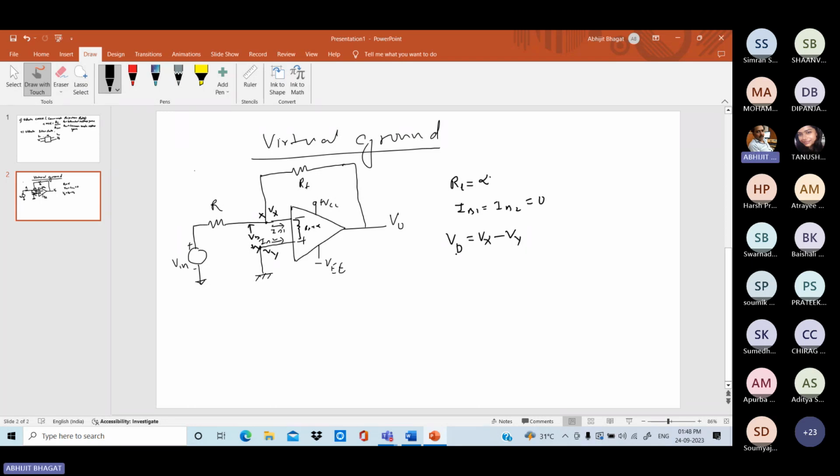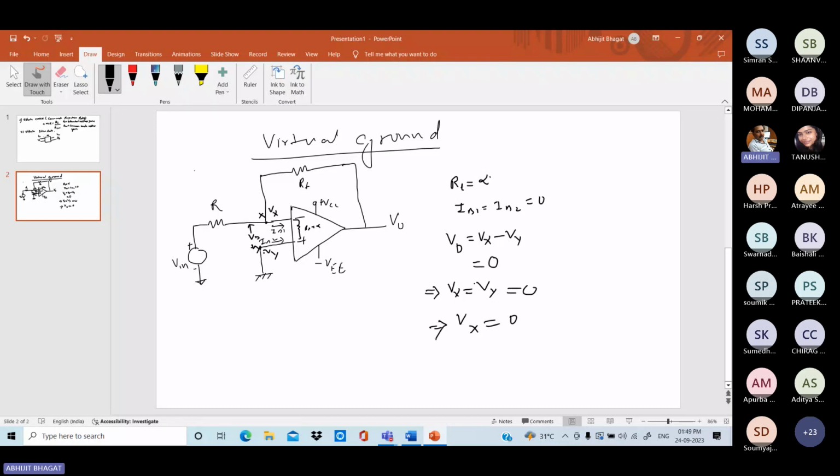Vd is the differential voltage, meaning the voltage difference between these two terminals. Ideally this Vd is 0. In the case of a feedback amplifier, where there is a feedback path, Vd is equal to 0. That means Vx is equal to Vy. You can see the Y terminal is grounded, so Vy equals 0. Therefore Vx is also equal to 0.